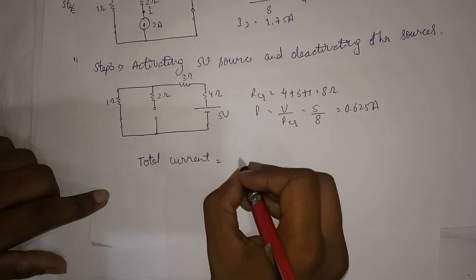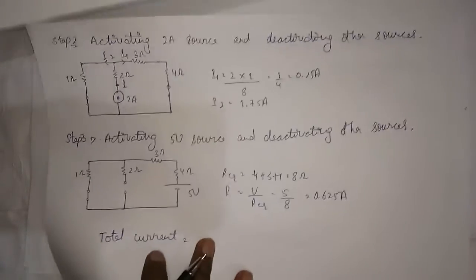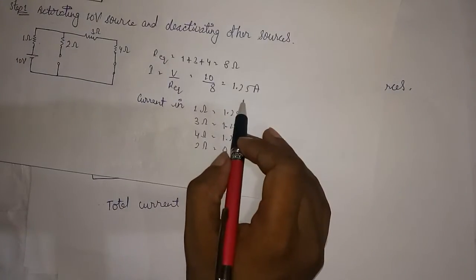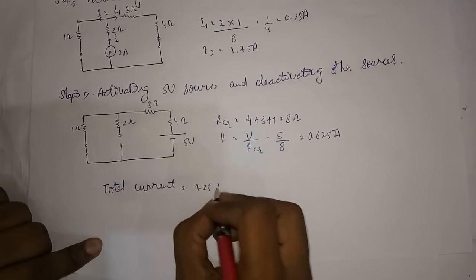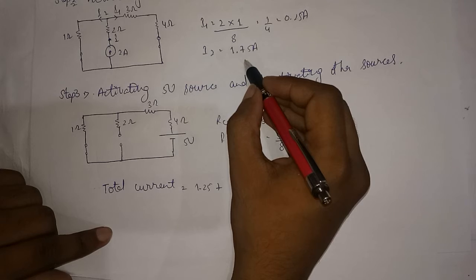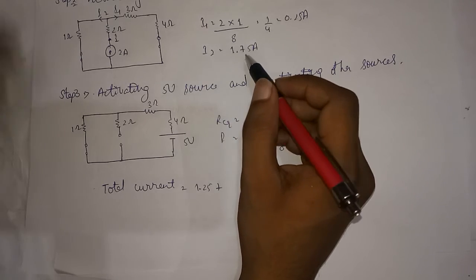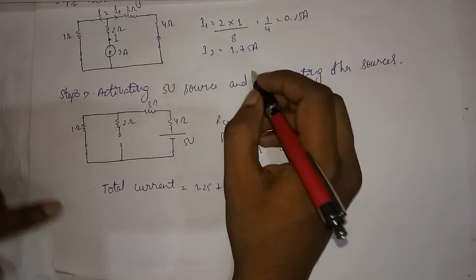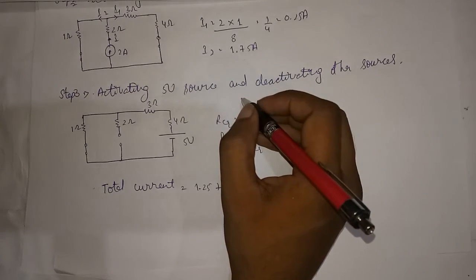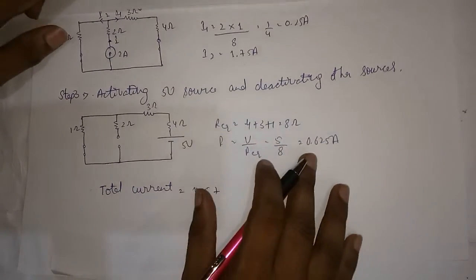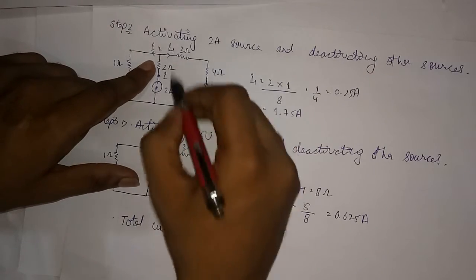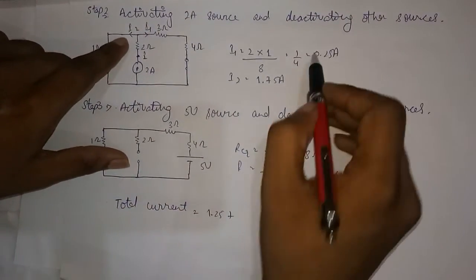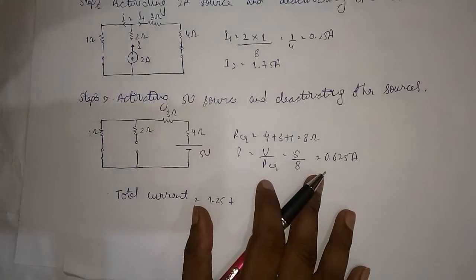So we will get total current equal to 1.25 ampere plus 1.75. As we are finding only the current in this part of the circuit, we will only consider 0.25 ampere.